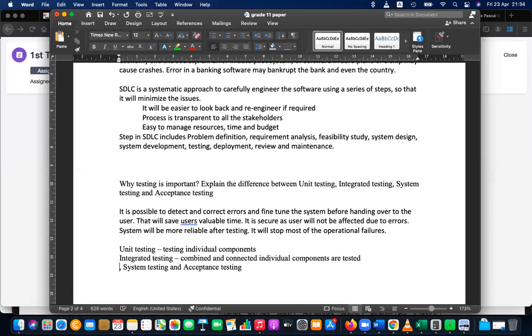That is the second version. And system testing is testing the entire system by checking expected functionality, sometimes referred to as alpha testing.